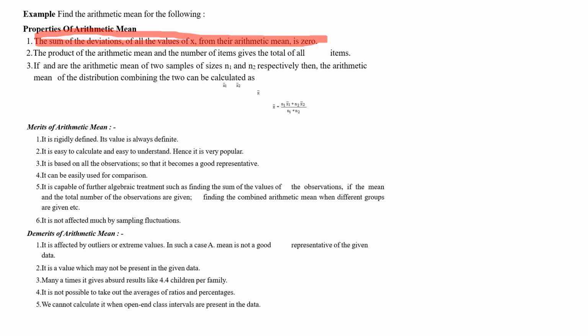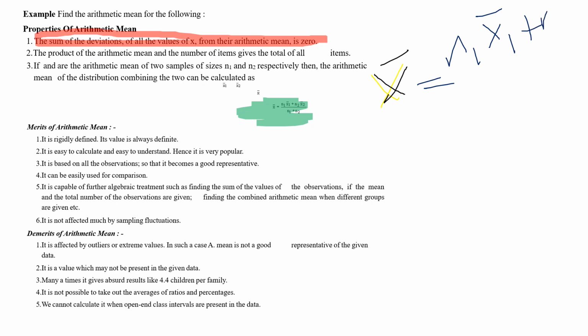If x1 bar and x2 bar are the arithmetic means of two samples of sizes n1 and n2 respectively, then the arithmetic mean of the distribution combining the two can be calculated as: x bar is equal to n1 x1 bar plus n2 x2 bar divided by n1 plus n2.